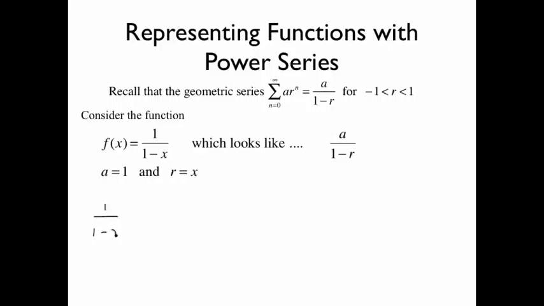So we could say 1 over 1 minus x equals what sum would it be? So you got it? Agree? It'd be x to the n, right? 1 times x to the n. Okay? Well, what's that? You see that and you think what?